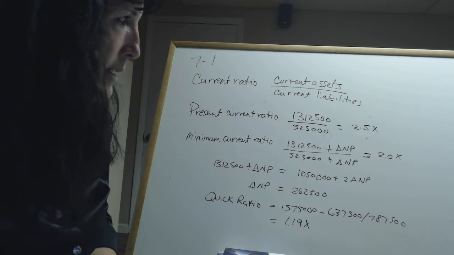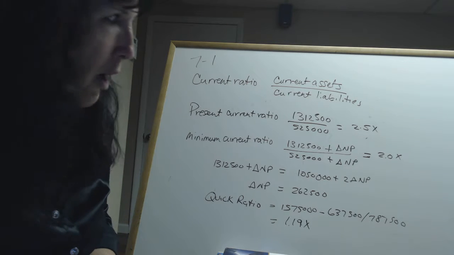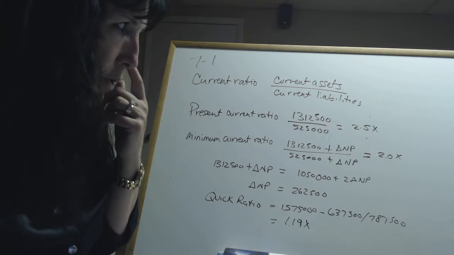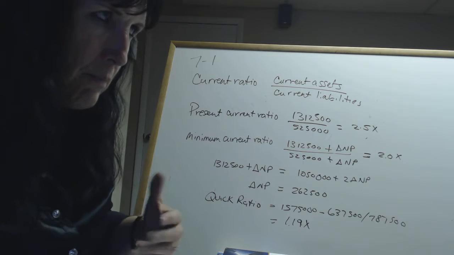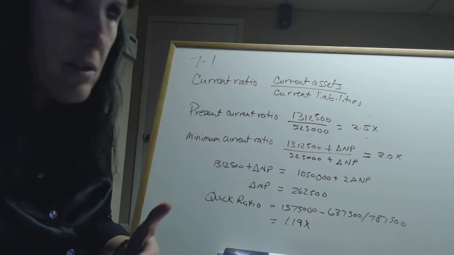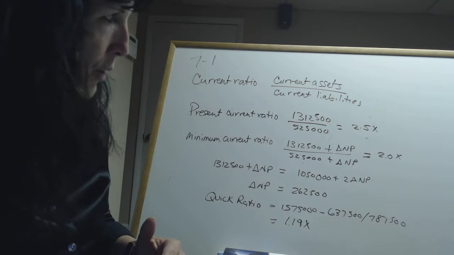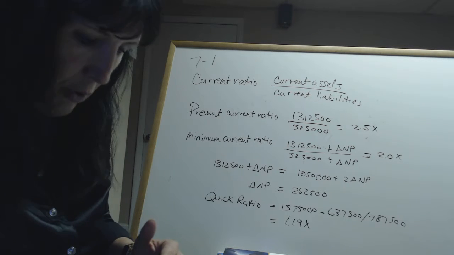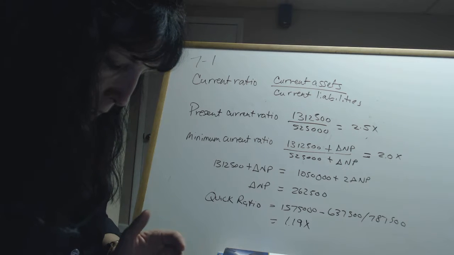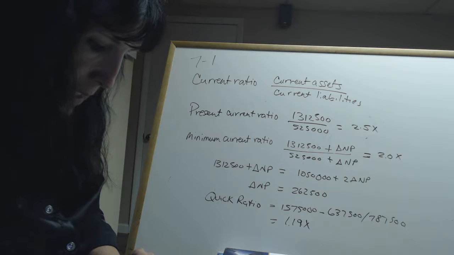So apparently that's a standard that they do not want to go below 2.0 for a current ratio because they're afraid that their investors and creditors will look at them with a little bit of disdain if they think they're not being solvent enough. So they want to borrow this additional monies to buy inventory, but they don't want to ruin their current ratio. So how much money could they borrow and invest in inventory and still maintain that 2.0?